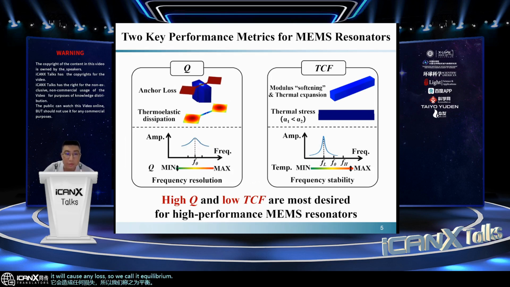The other is thermoelastic damping. This damping is caused by the energy loss coupled from the mechanical domain to the thermal domain. The larger the energy loss, the lower the Q. The smaller the energy loss, the higher the Q, and the sharper the resonant peak. Thus, we can get a better frequency resolution.